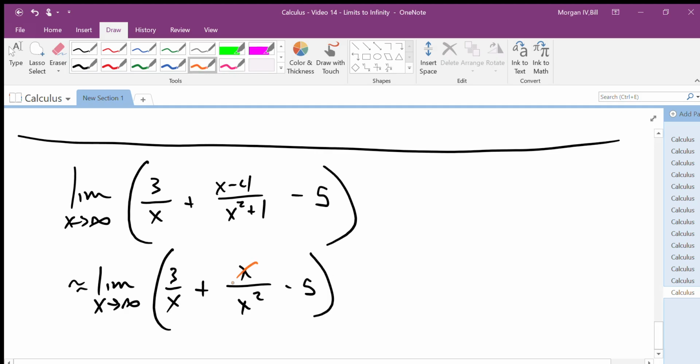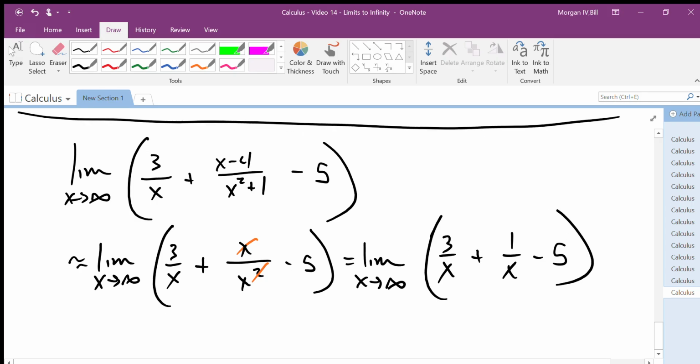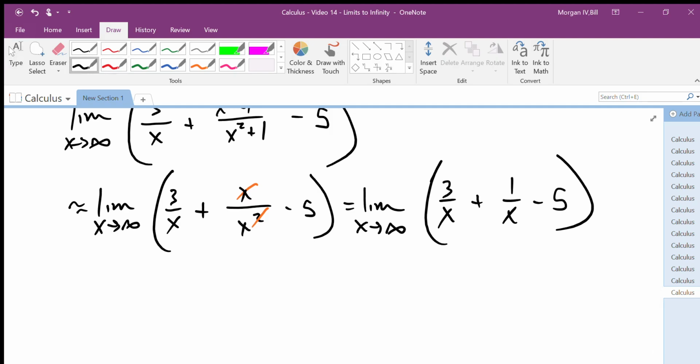Canceling the x with the x here, we get the limit as x goes to infinity of 3 over x plus 1 over x minus 5. Letting x go to infinity, that's 3 over infinity, plus 1 over infinity, minus 5.